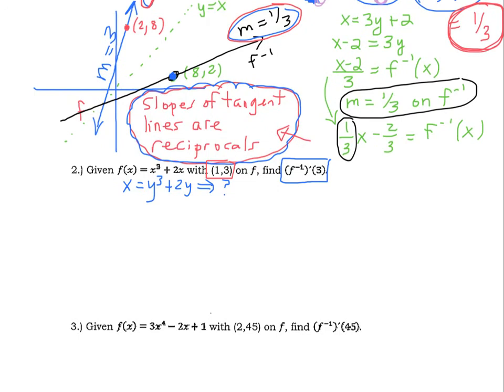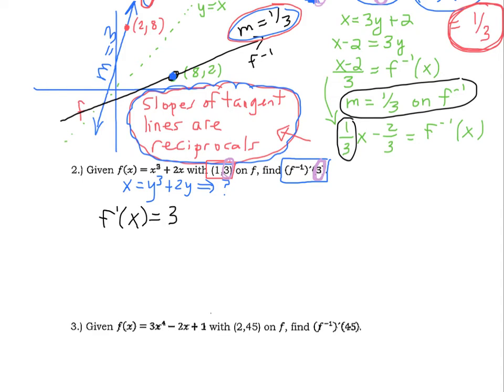So down here, the x value we're trying to find the derivative of on the inverse shows up as the y value of this other point. So if we can find the derivative at 1 on f of x, we know that it's going to be the reciprocal for 3.